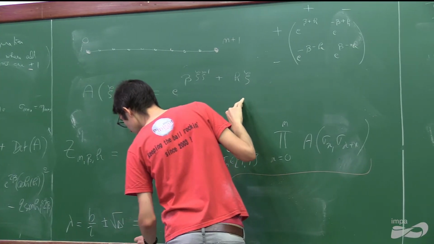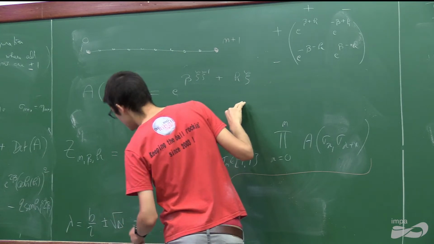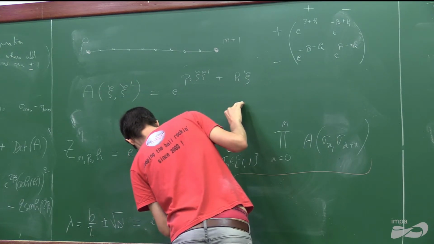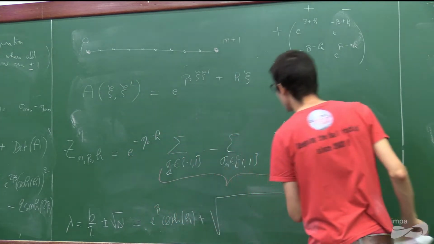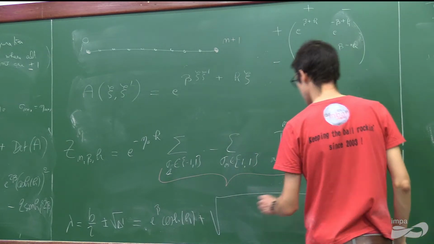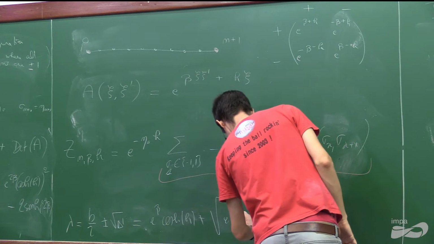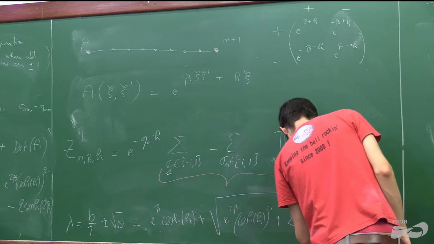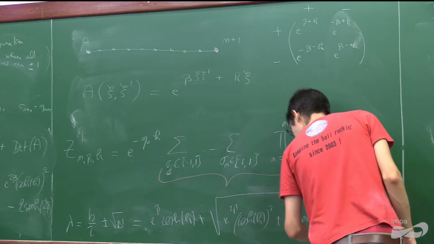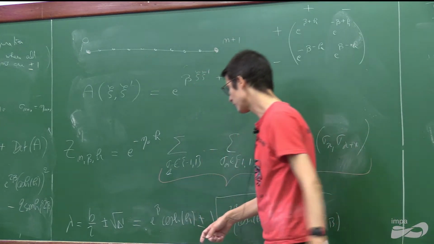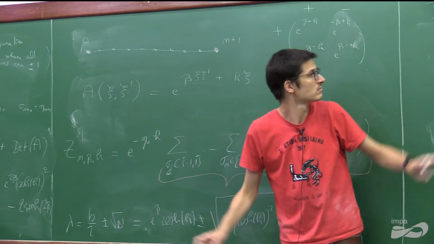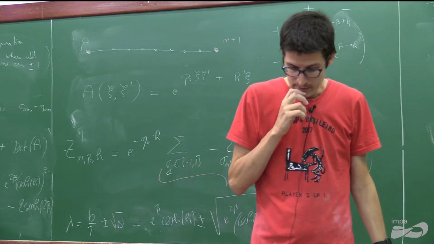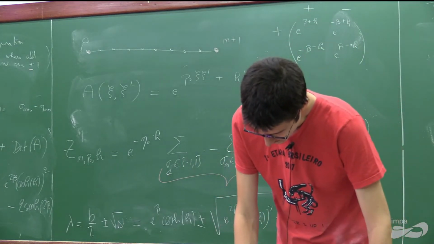So b over 2 is just exponential beta times hyperbolic cosine of h plus square root of exponential 2 beta cosh squared of h plus 2 sinh of 2 beta. And of course the largest eigenvalue is the one with the plus, and this is it.